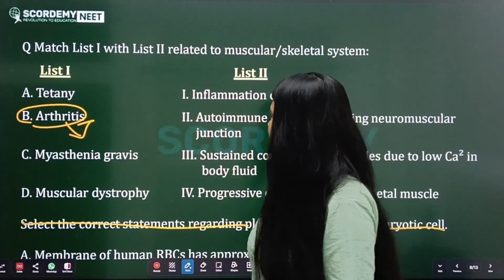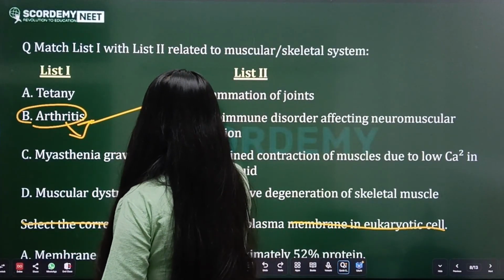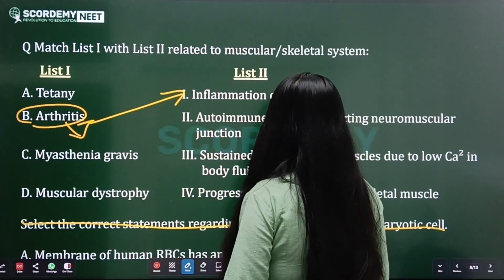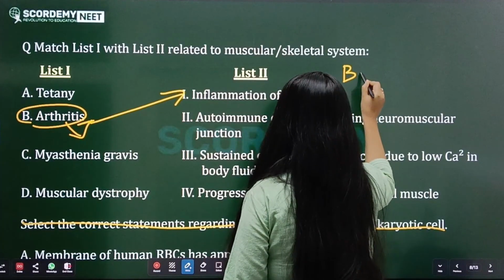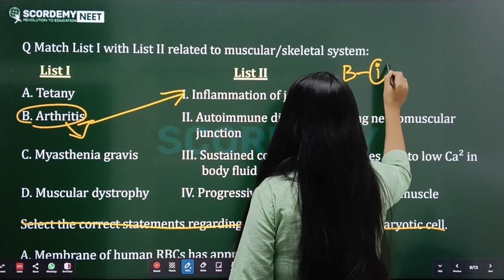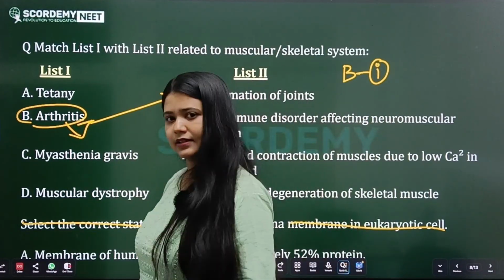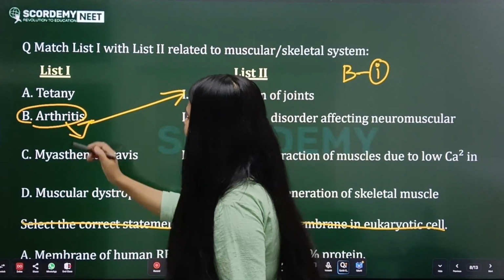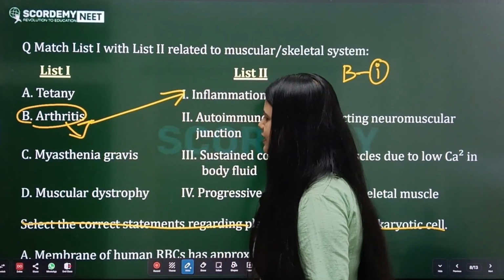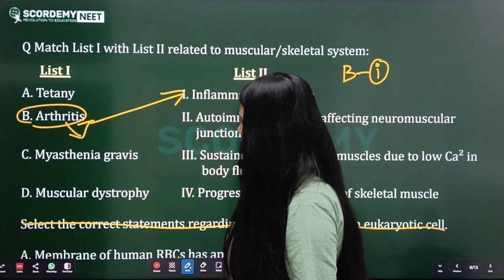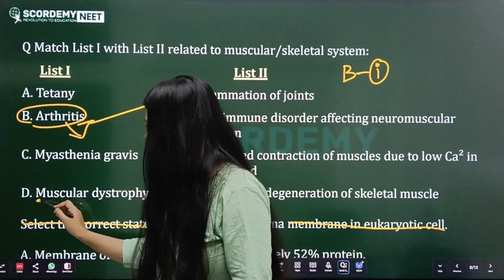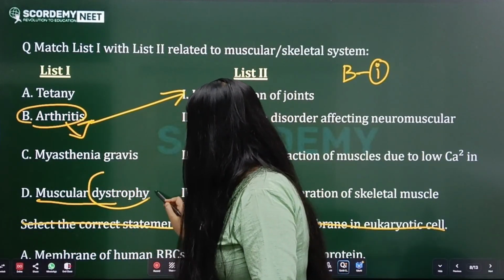Arthritis is the inflammation of joints, isn't it? Yes, so we got one answer. Then tetany, myasthenia gravis and muscular dystrophy.